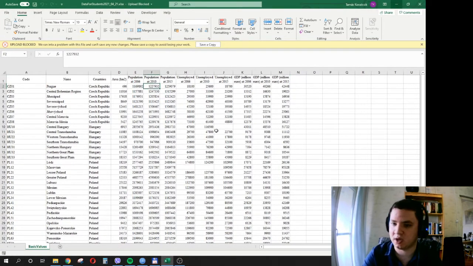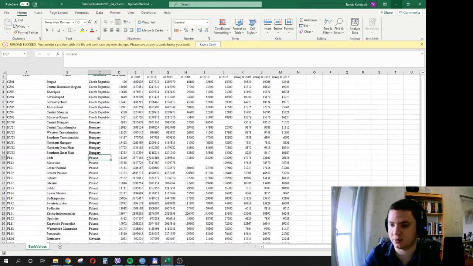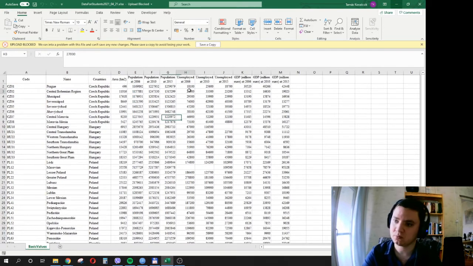Here we are going to use familiar datasets with NUTS 2 regions, the data of NUTS 2 regions in the Visegrad 4 countries: Czech Republic, Hungary, Poland, and Slovakia, with area, population, unemployed people, and GDP as well.